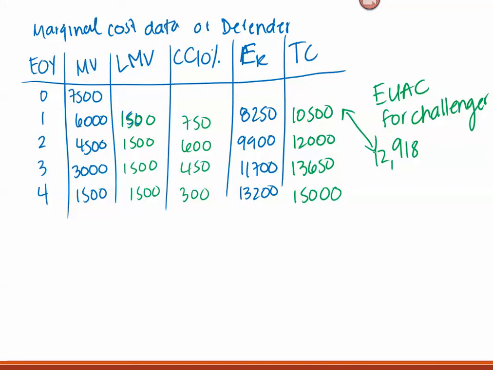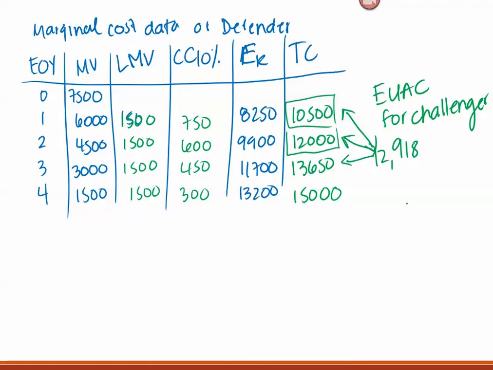Which one is less? Which one is least costly? At this point, we keep the Defender. It's less. Then we compare with this number, which is smaller. Well, we still keep the Defender.